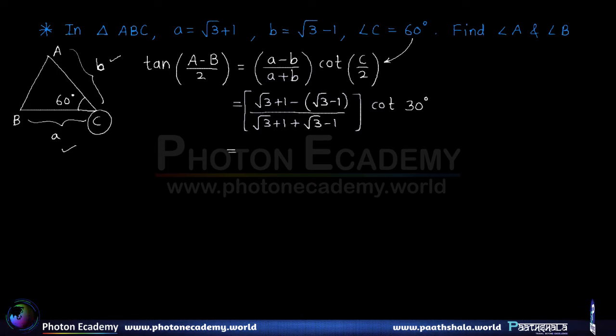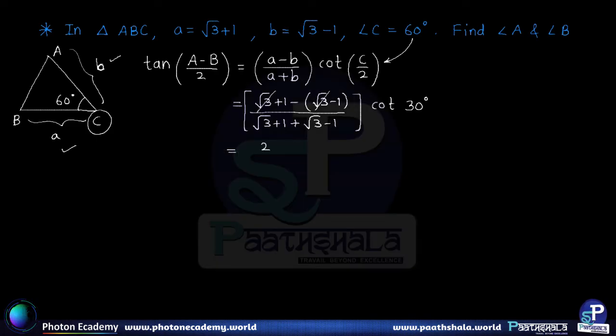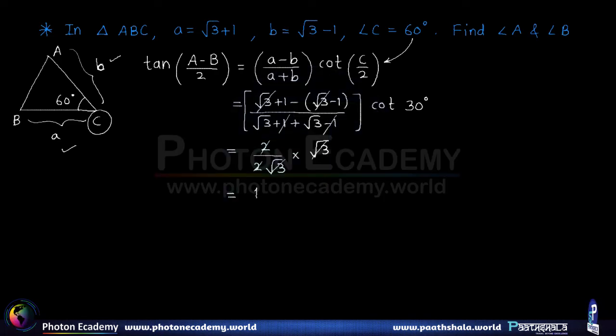Now in the numerator, root 3 gets cancelled and we have 1 minus minus 1, that is equal to 2, and in the denominator 1 gets cancelled, so we have root 3 plus root 3, which is 2 root 3. Cot of 30 degrees is nothing but root 3, so all terms get cancelled and we are left with 1.